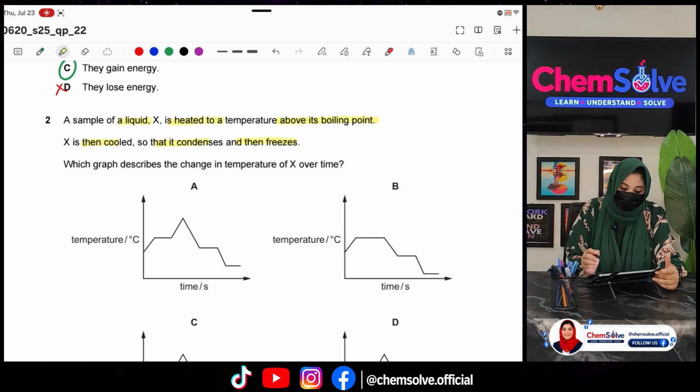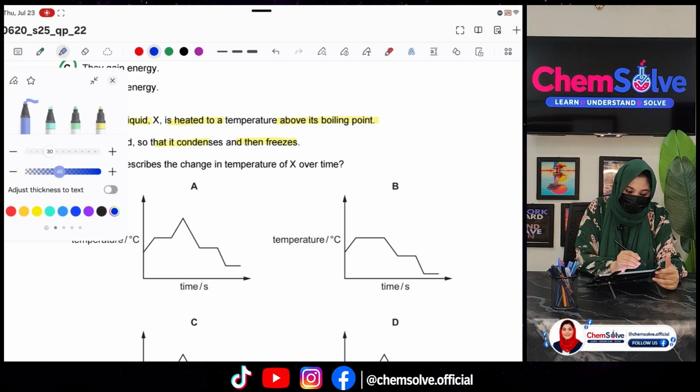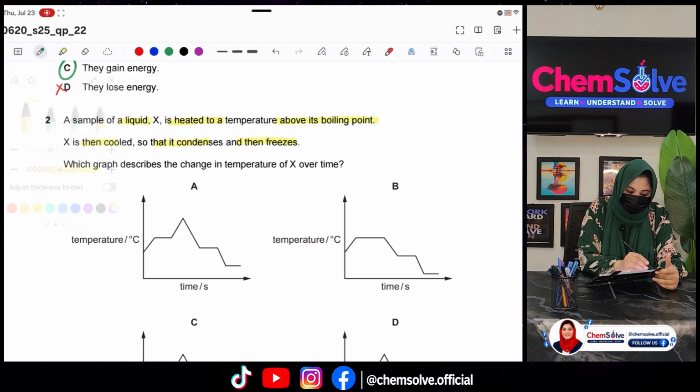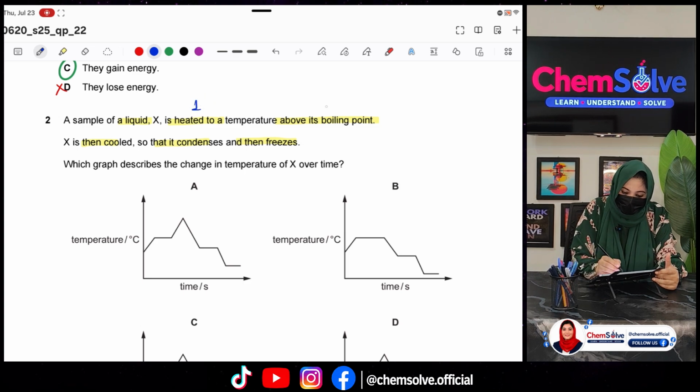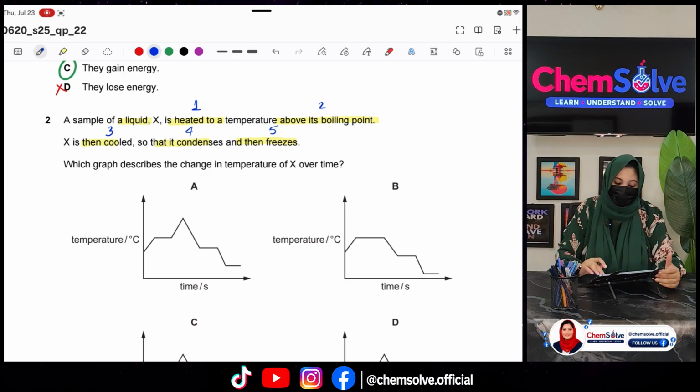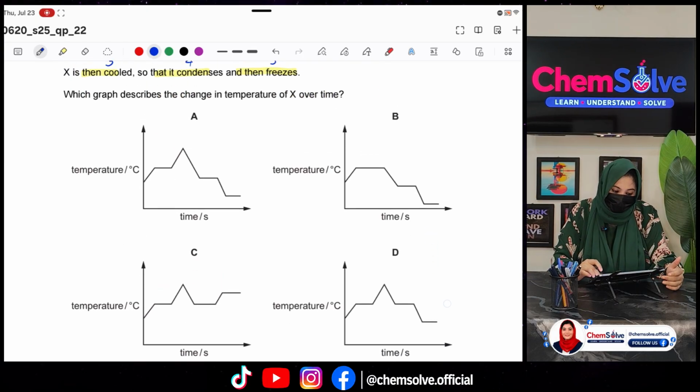So it must be heated first, then the temperature must be above the boiling point, then it must be cooled down, then condenses and then freezes. Now look at the options.